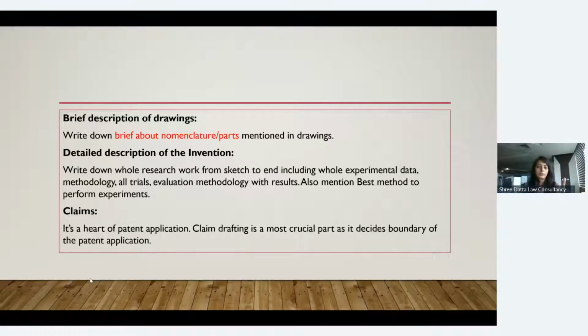If you write methanol and someone is using ethanol, then the person using ethanol falls outside these claims. But if you write alcohols, it covers methanol as well as ethanol, propanol, and any other alcohols. So if any person uses any alcohol, it will fall into the claims. So claim drafting is very crucial, as it decides the boundaries.